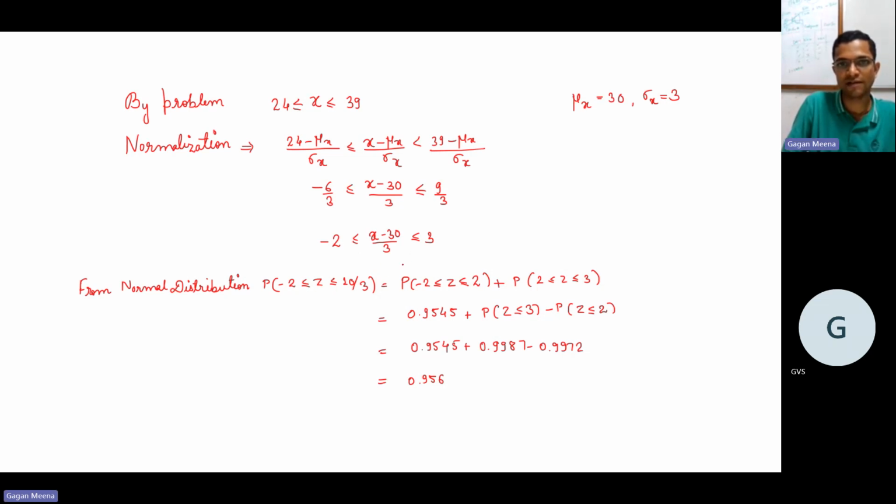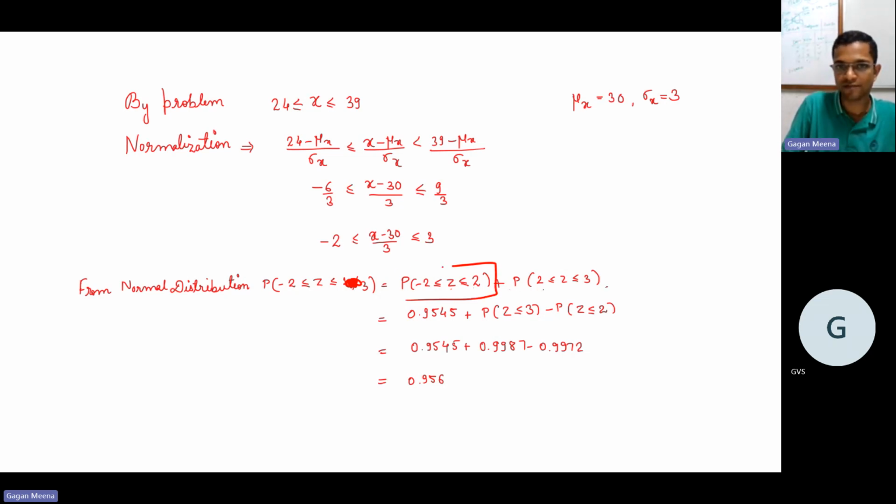Z becomes minus 2 to 10 by 3. This is not correct. This should be 9 by 3, sorry. This is 3. So this equals the probability of minus 2 to 2 plus 2 to 3.